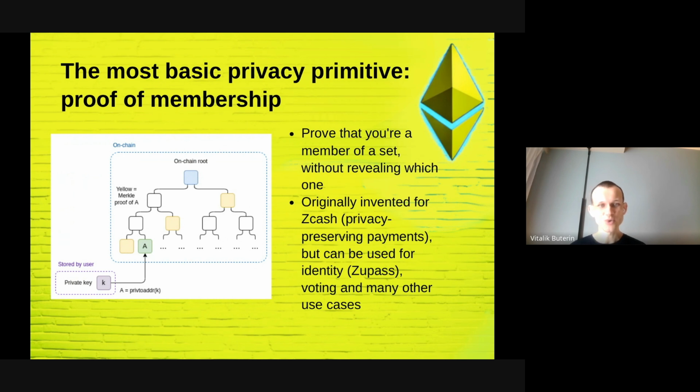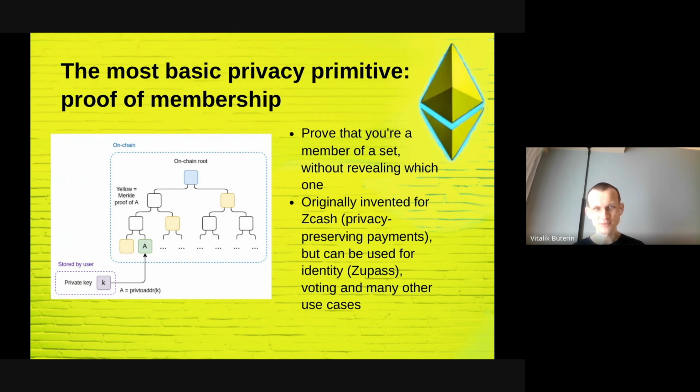But this is used also in identity. There's a tool called ZooPass that we built last year that lets you prove that you're a member of a group without revealing which one, and we actually used it for ticketing at DEF CON. Voting, you can use that, and the ability to only make a vote with the same account once without breaking privacy is super important, and many other use cases.